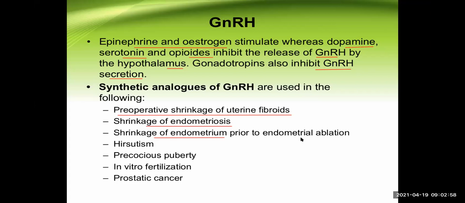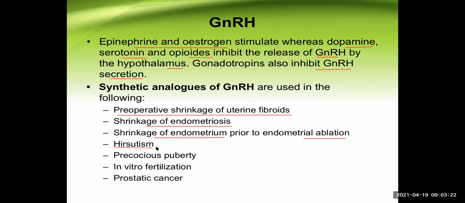Shrinkage of endometrium prior to endometrial ablation. Ablation means removal. Hirsutism: remember, if we block the stimulation of the ovary, then the ovary, which is also responsible for the release of androgen, will not release it.